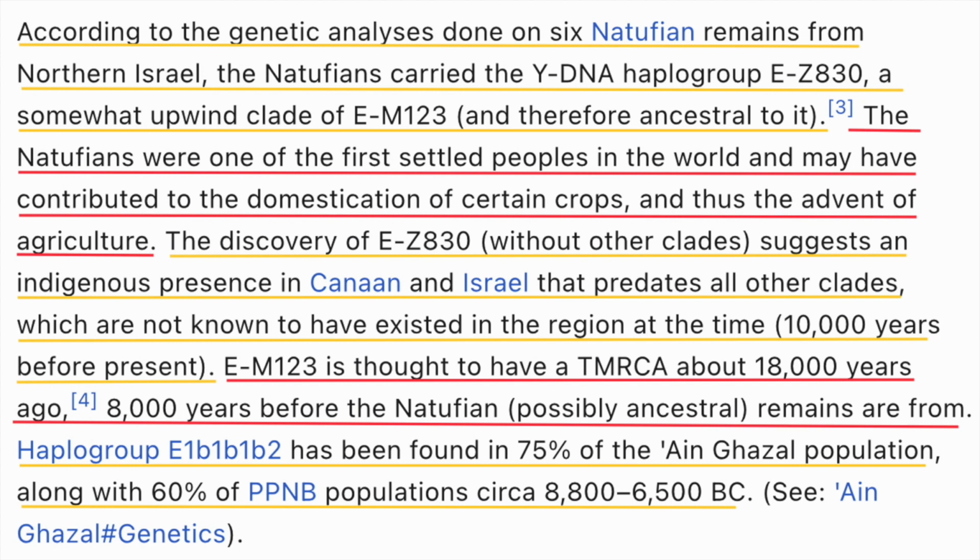Ancestral remains are from Haplogroup E1b1b1 have been found in 75% of the Natufian population, along with 60% of PPNB populations, circa 8,800 through 6,500 BC.